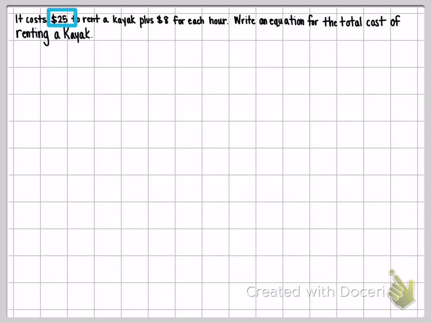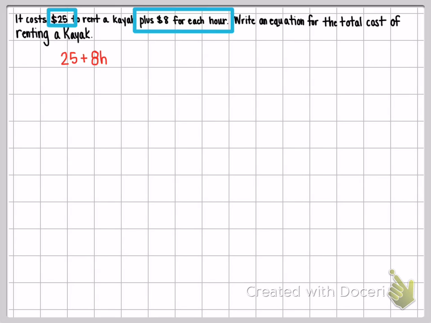And then the other information, it says plus $8 for each hour. That value is going to change. 1 hour will be $8, 2 hours will be $16, 3 hours will be $24. So you know that you're going to have a variable attached to that. So this is going to be written then as 25 plus, because that 25 doesn't change, there's no variable by it, 8h.